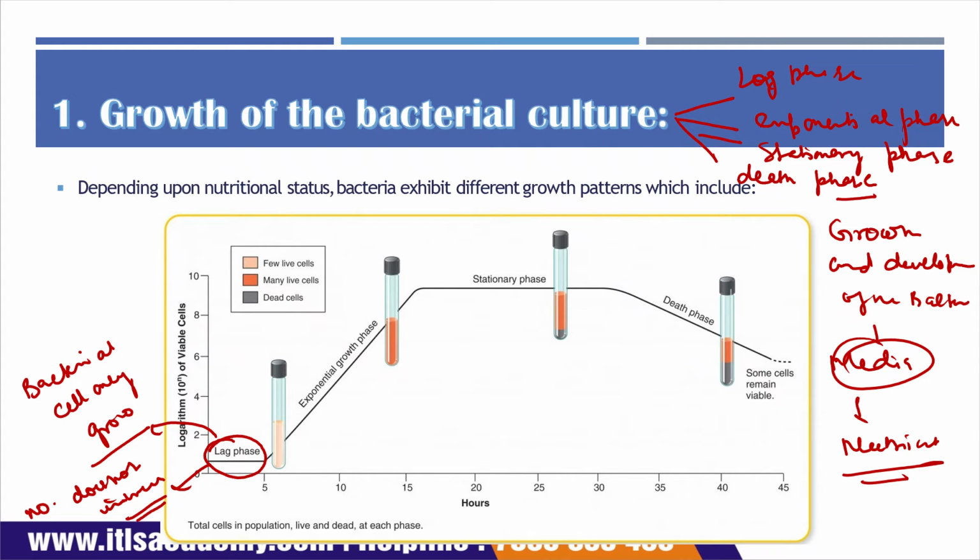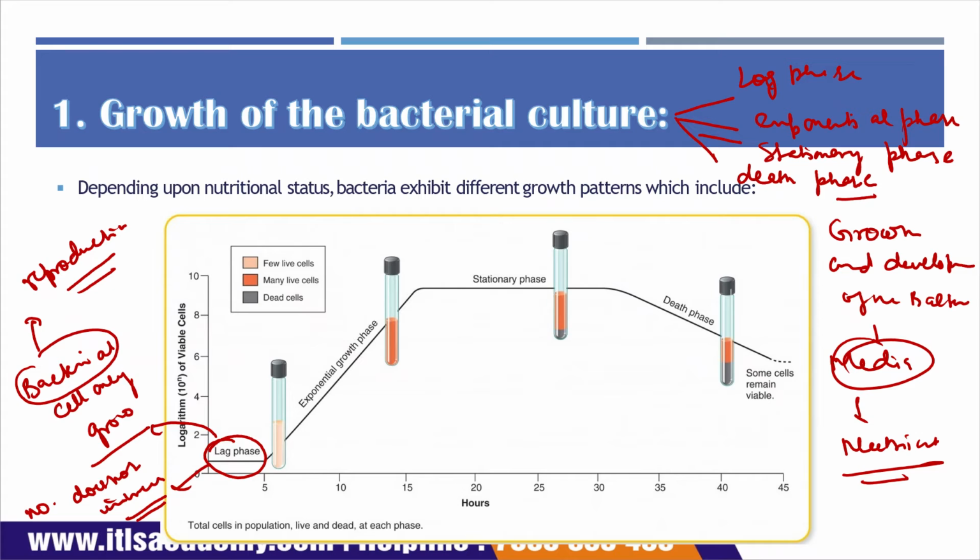Or you can also say that bacterial cells are preparing themselves for reproduction or for the increase of their number. Here only the maturation of the bacterial cell occurs, but their number does not increase.